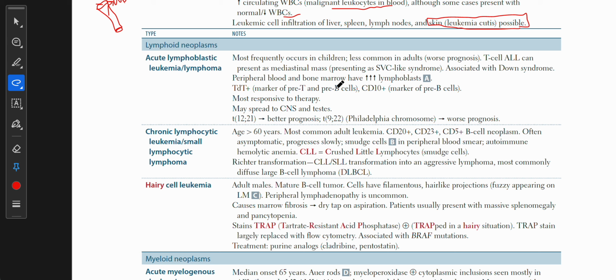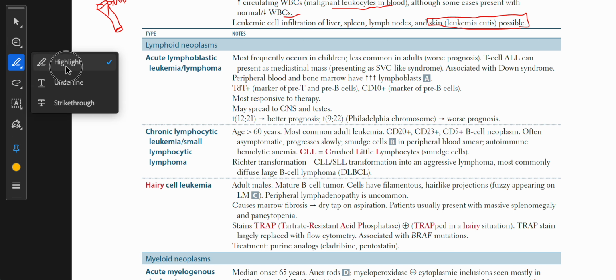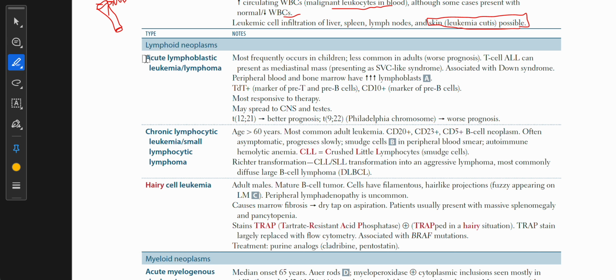So there are types of leukemia. There are two different lineages for leukemia. One of them is lymphoid neoplasms, and the other is myeloid neoplasms, right? So let's go to the lymphoid neoplasms. Here we have two main important tumors, and one of them is acute lymphoblastic leukemia, or ALL.